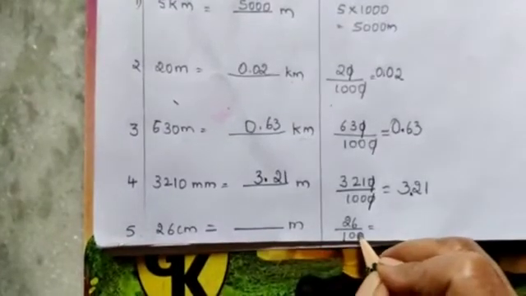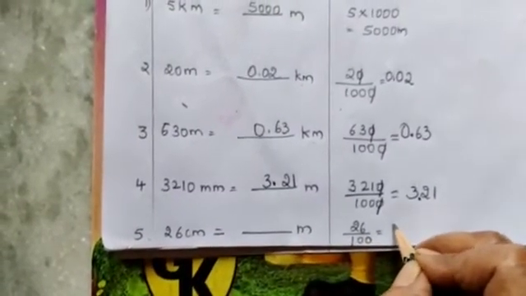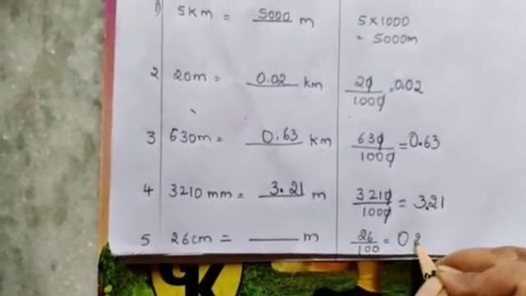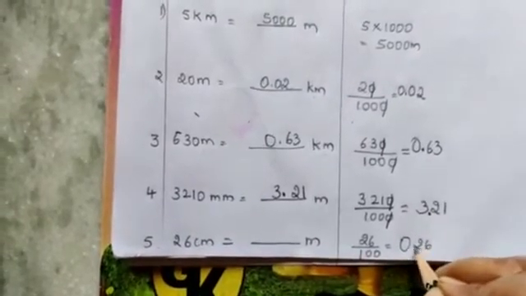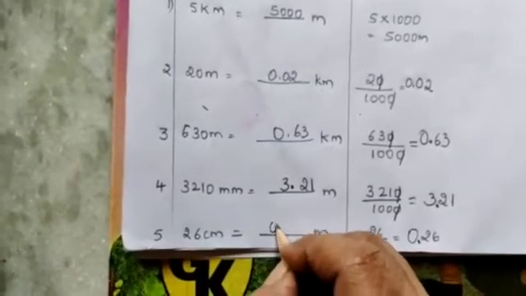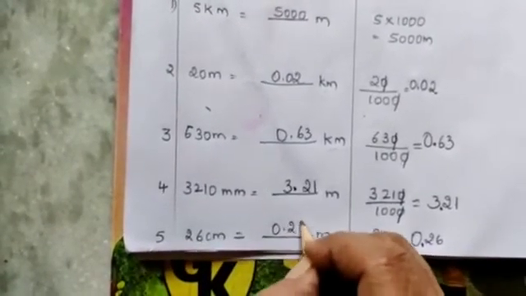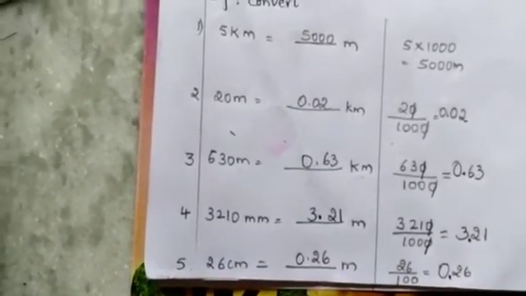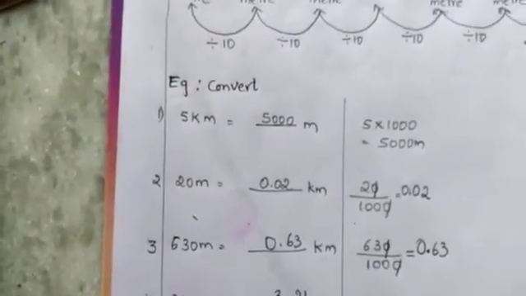So here 2 zeros are there. So after 2 digits, put the point. So the answer is 0.26 meters. Okay, I hope you understood.